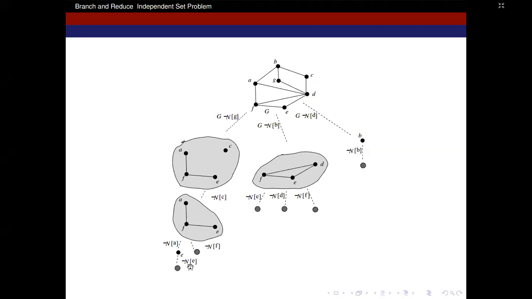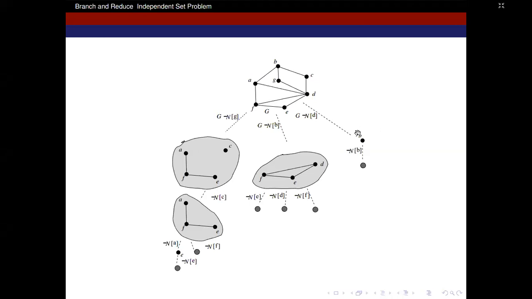Note that in this construction of the tree, each leaf node will be a graph with an empty vertex set. Now from this tree, we can construct independent sets. In fact, we can construct every independent set of a graph. Starting from a leaf node and following the path to the root, you will get an independent set.